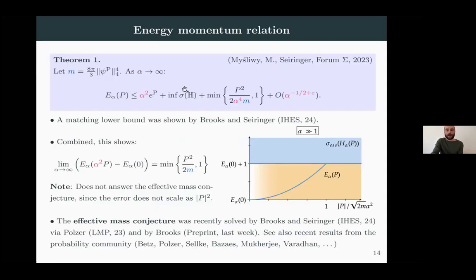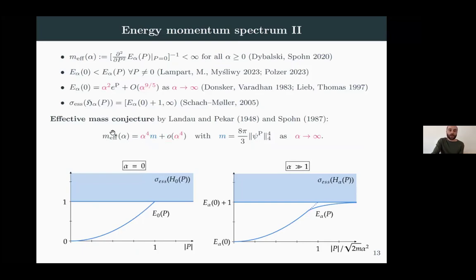Then there's an order 1 term that describes again these quantum fluctuations around the classical field in terms of this quadratic operator H. Then there's this third term that involves in particular this parabola with an effective mass that's precisely the one that you get if you extrapolate the effective mass conjecture to the large momenta in this picture.